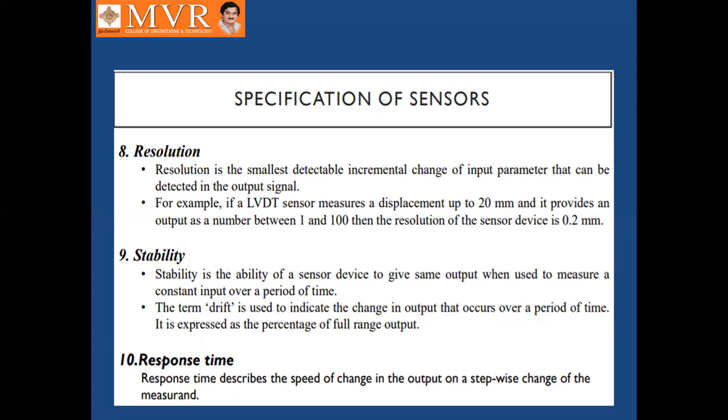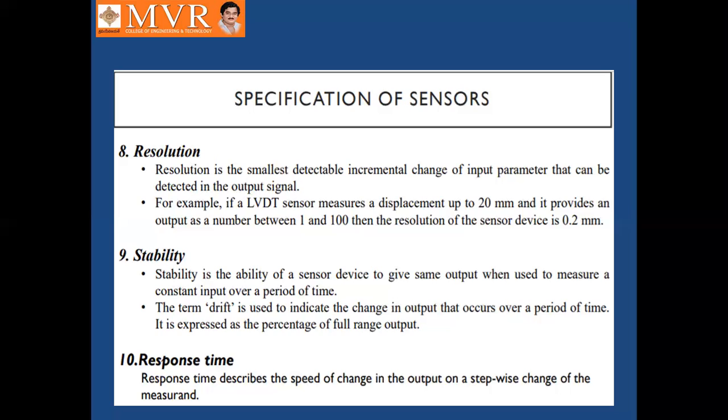Response time describes the speed of the change in the output on a stepwise change of the measurement. Measurement is nothing but the physical quantity to be measured by the sensor. The response time describes how much time it takes to respond.